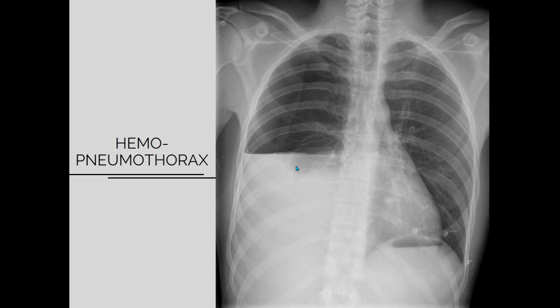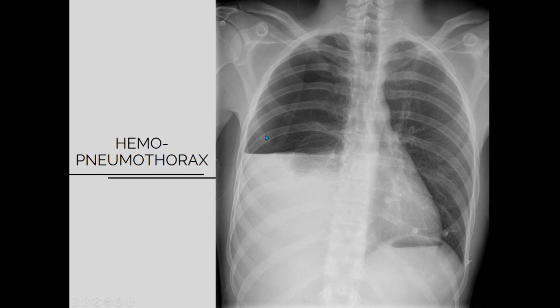So we have to think about hemothorax, but along with that, just focus on this part: here you cannot see the bronchovascular markings. You can compare, because these are normal bronchovascular markings, and you cannot see bronchovascular markings in this peripheral part.